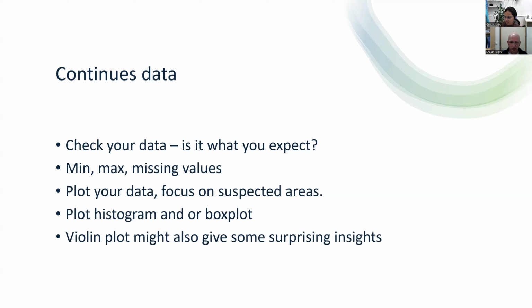Plot your data. Focus on suspected areas. Plot histogram or box plot of your data. And then we'll see the violin plot, which is another kind of box plot, but of the data distribution, might also give some surprising insights.